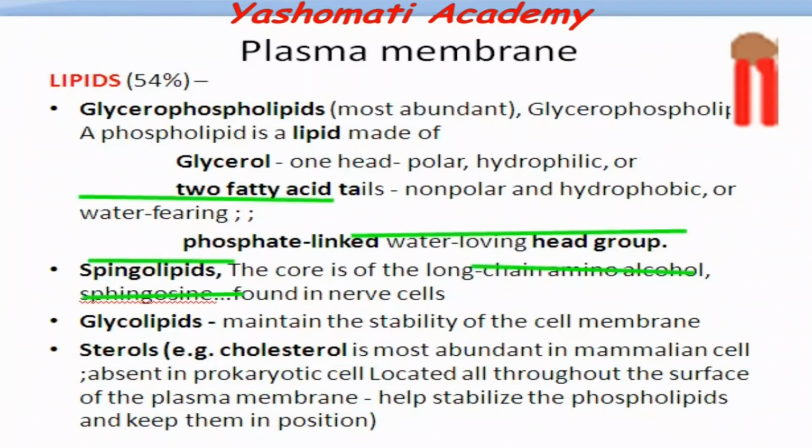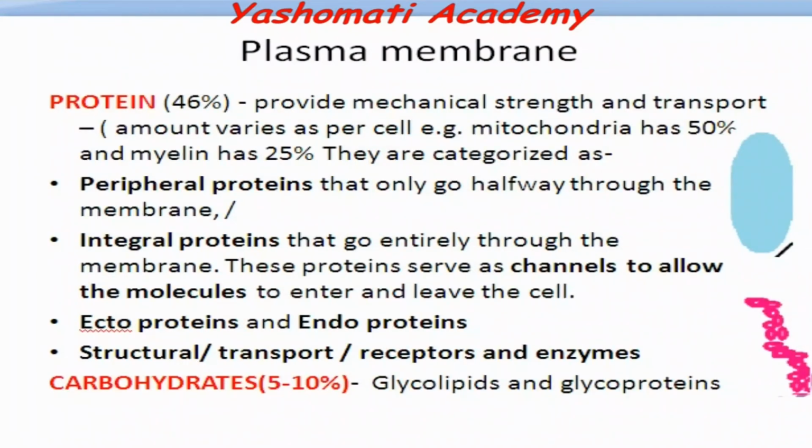Let us try to understand the other part, which is the proteins and carbohydrates. Proteins make up to 46%. They provide mechanical strength, meaning they make the plasma membrane strong, and they also help in transport of different materials. Basically, all ions are transported through the proteins.